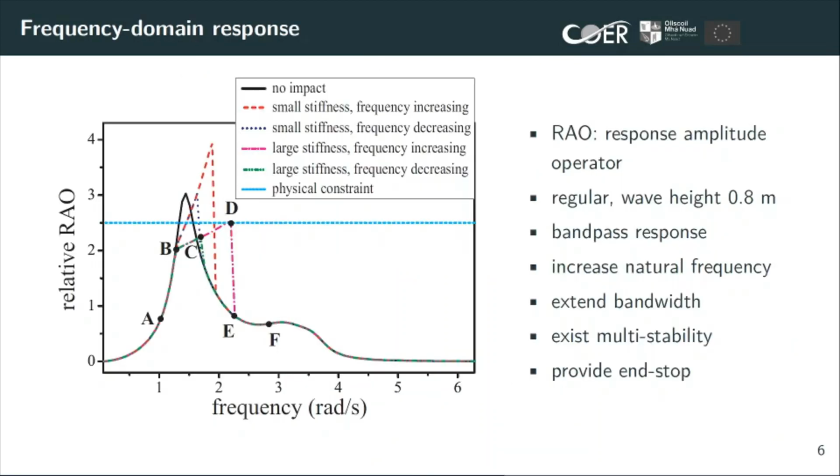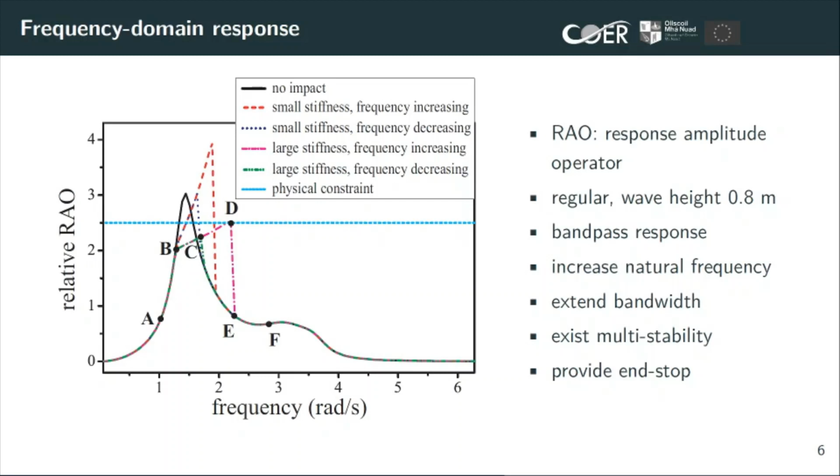The frequency domain response is given here in terms of relative RAO. RAO is the response amplitude operator. In simulation, regular waves are used with a wave height of 0.8 meter. The figure shows that the system acts as a bandpass filter.